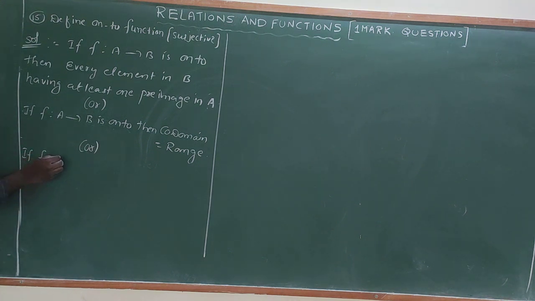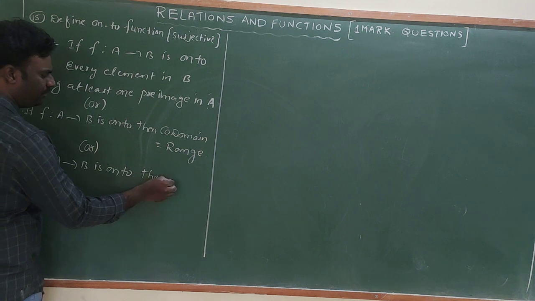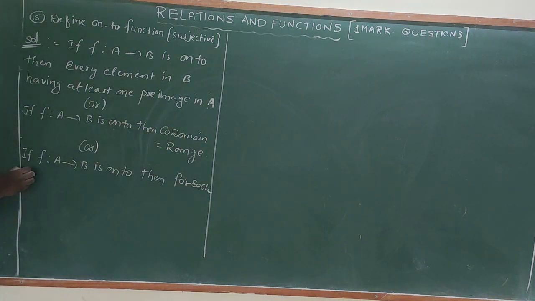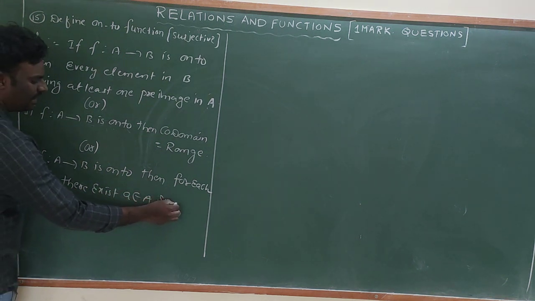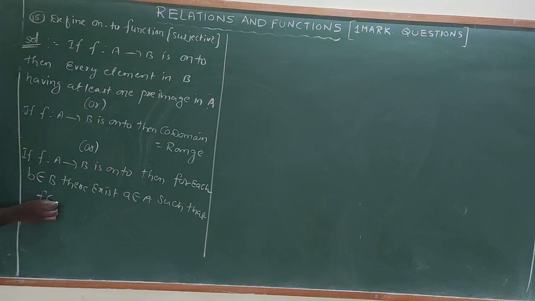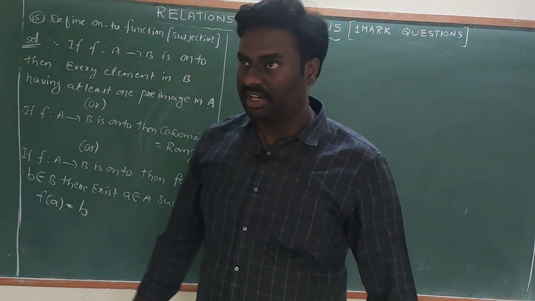If f from A to B is onto, then for each b belonging to B, there exists a belonging to A such that f(a) is equal to b. These three definitions are for onto function.